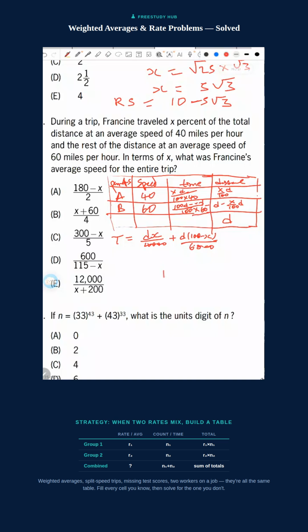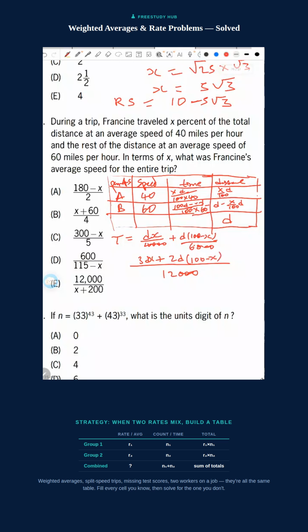So we have 12,000, and 12,000 divided by 4,000 is 3, so we have 3ds plus 2d bracket 100 minus s.